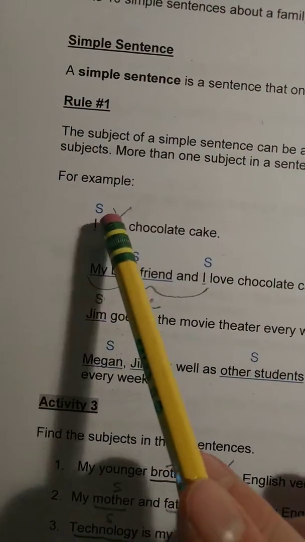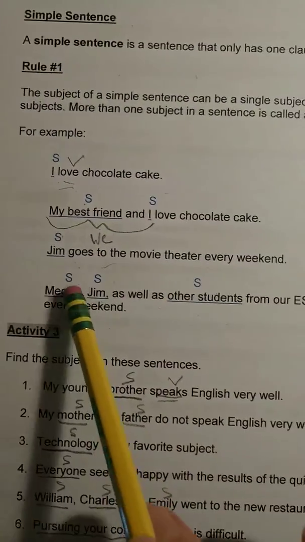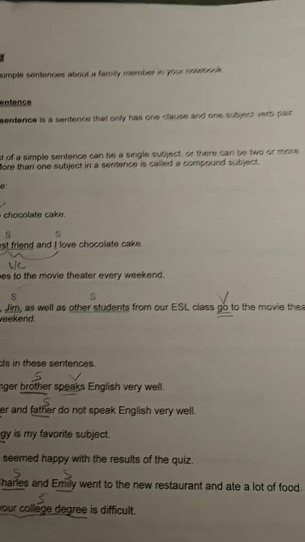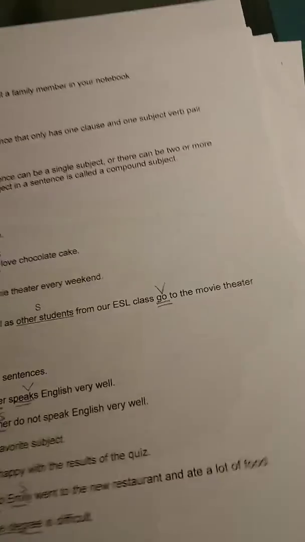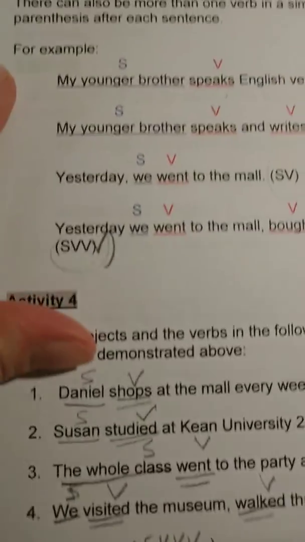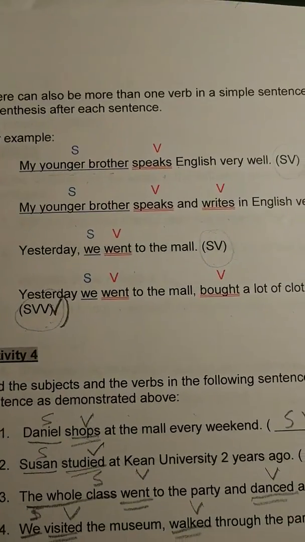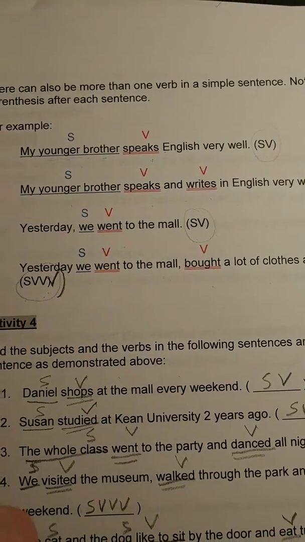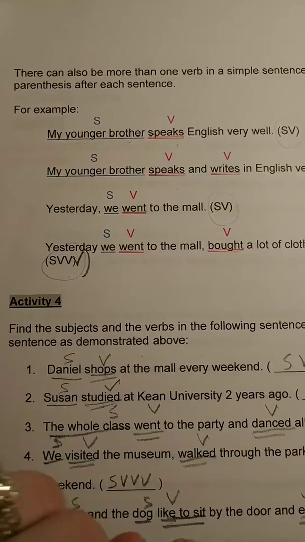There can be more than one subject in a simple sentence. That was rule number 1. Rule number 2 is on the next page: there can be more than one verb in a simple sentence, and we had these examples. I'm on page 3 in the book.